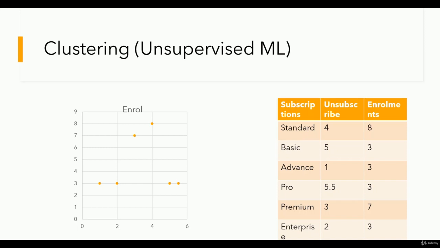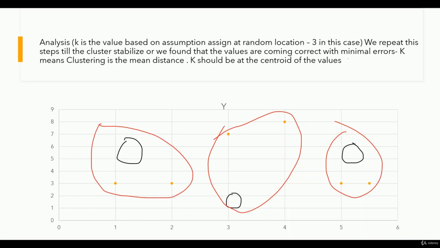We have 2 values very near each other, as seen here. So what I did, if you see the yellow dots, I made a red circle around those yellow dots.